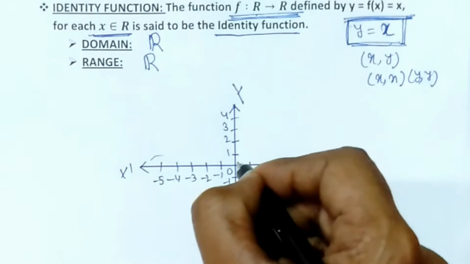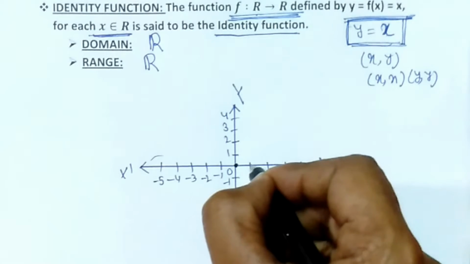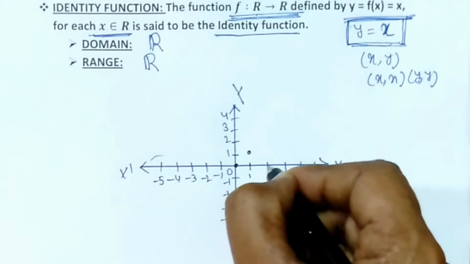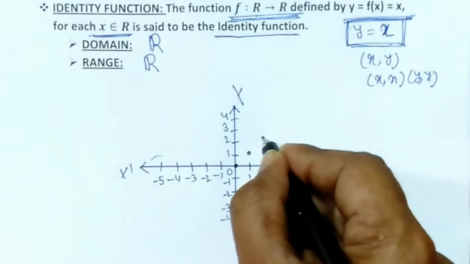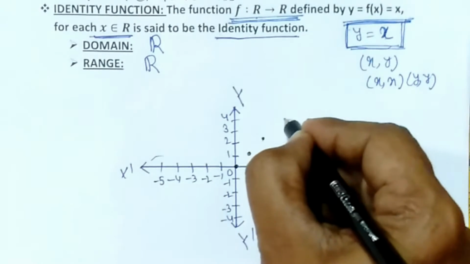If we take x equals 0, then y is also 0. If we take x equals 1, then y will be 1. If we take x equals 2, then the value of y is also 2. If x equals 3, y is 3.